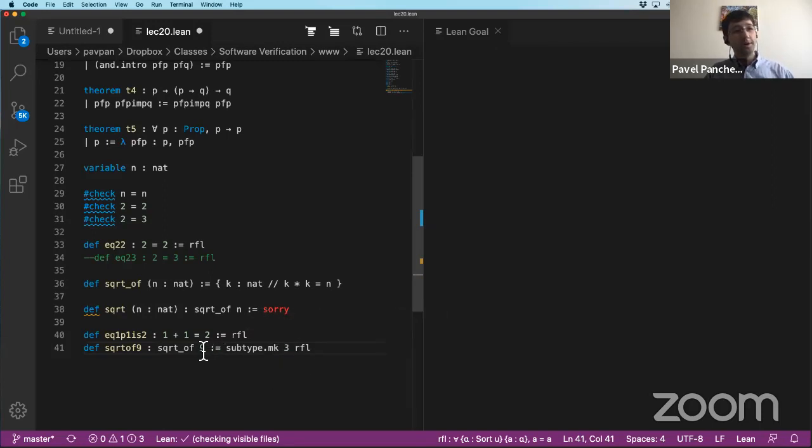So what I've written here is a term in this data structure, in particular in the data structure of integers whose square is 9. To do so, I said that that term is 3, and that the proof involved is that 3 times 3 is equal to 9. So what do we have going on here?